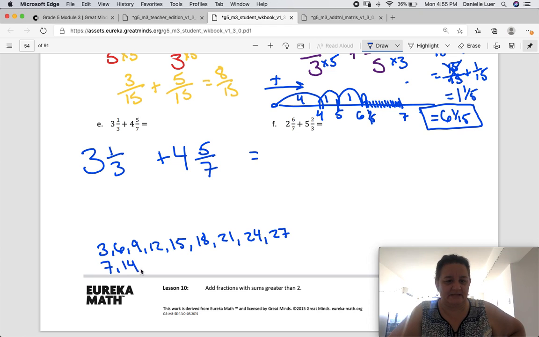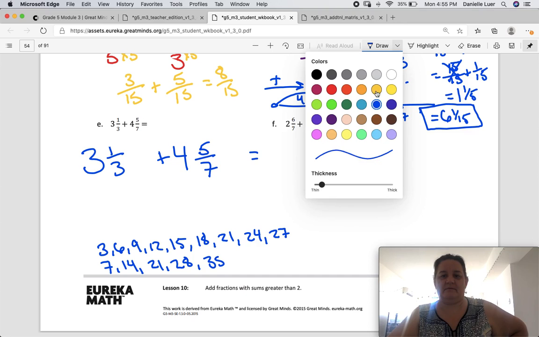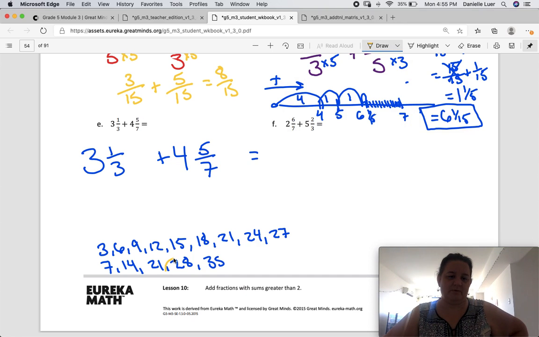7, 14, 21, 28, 35. Okay, I see it now. There it is, 21 and 21. Well, I probably could have gotten that same answer by just multiplying 3 times 7 equals 21.